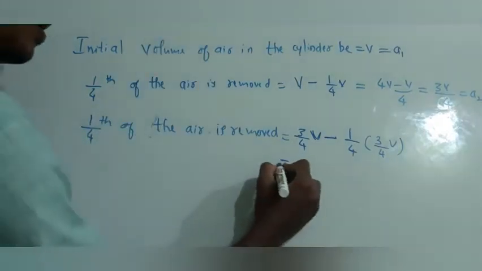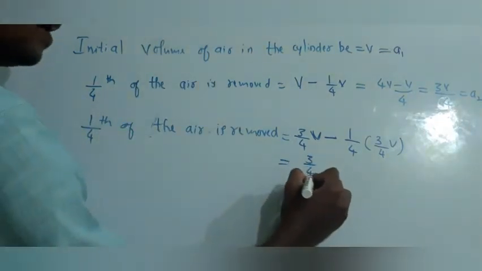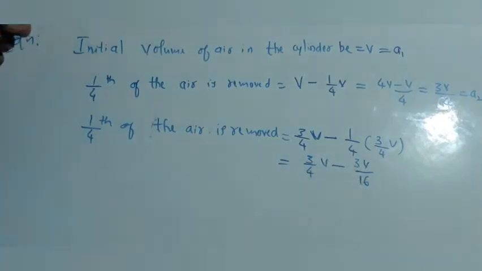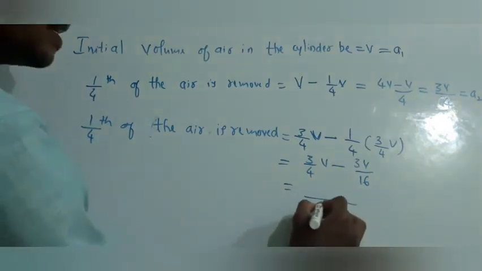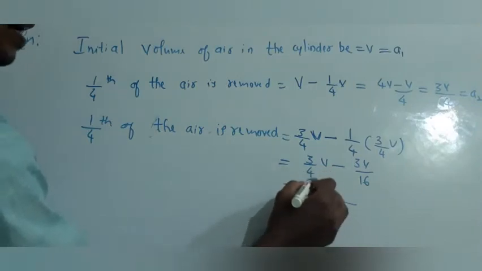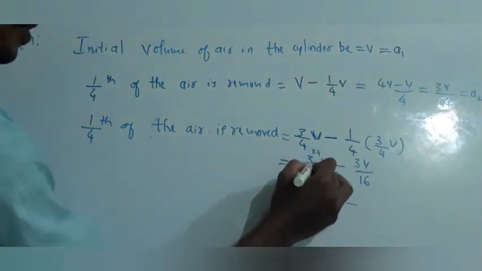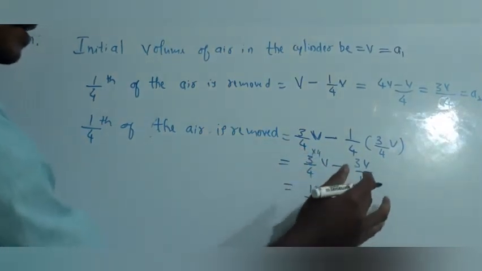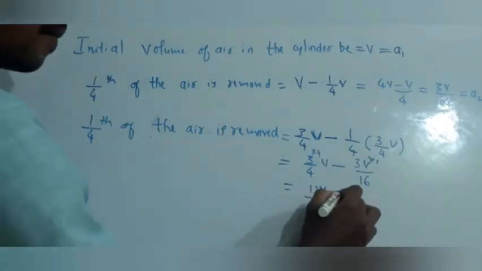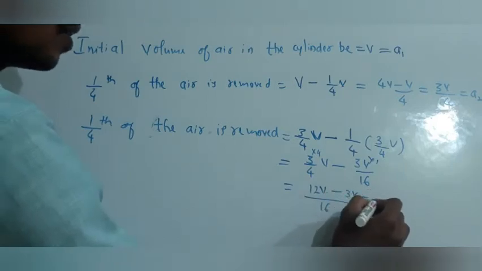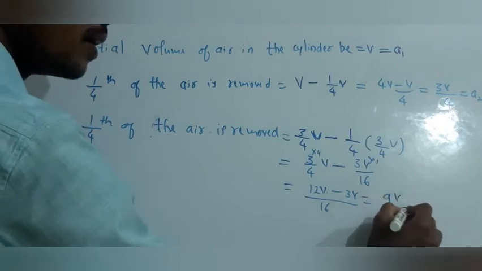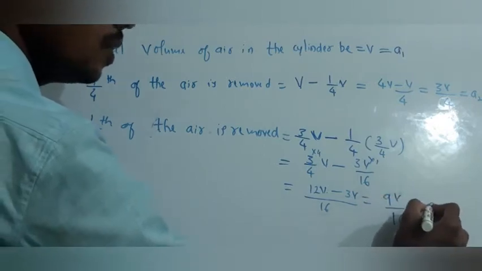So 3 by 4 V minus 3V by 16. What is the LCM? 16 is the LCM. Now 4 3s are 12, so 12V minus 3V, which is equal to 9V divided by 16, which is equal to A3.